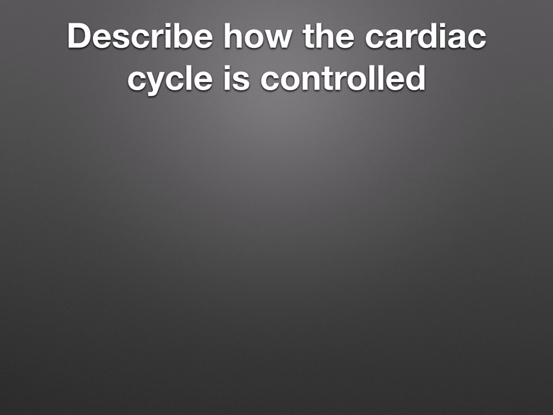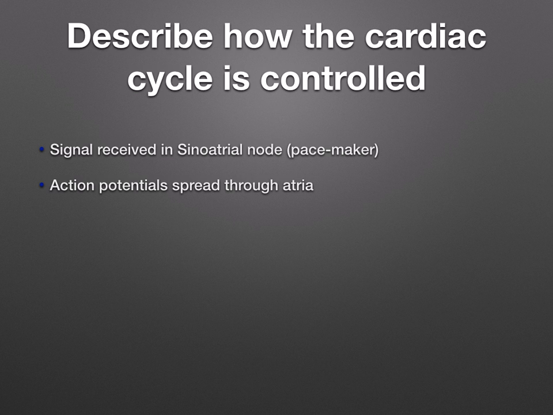Right, let's just run through what we've just discussed. Describe how the cardiac cycle is controlled. So the signal is received in the sinoatrial node, which is the pacemaker. Then what happens? Action potentials spread through the atria.